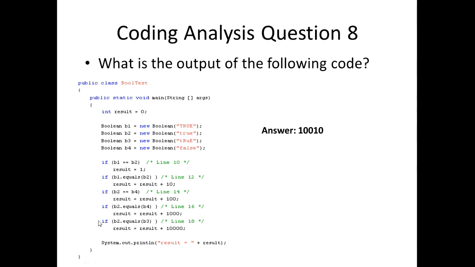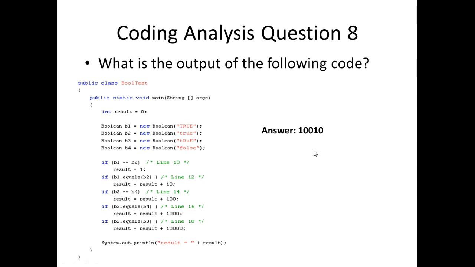And then finally, we have this if conditional down here, B2 dot equals B3. They are both true, and the result that we already have, 10 plus 10,000, would equal 10,010, which is the answer that we have here.